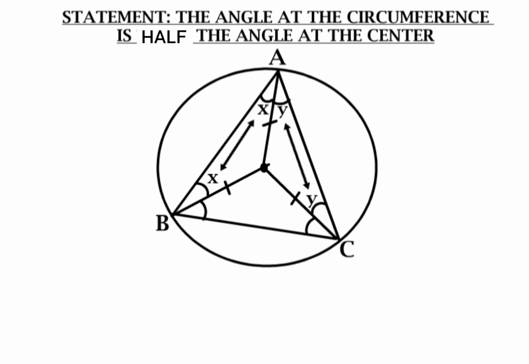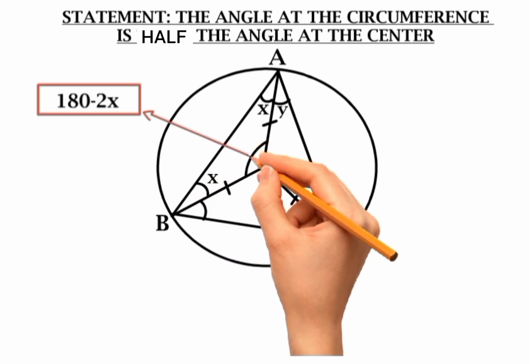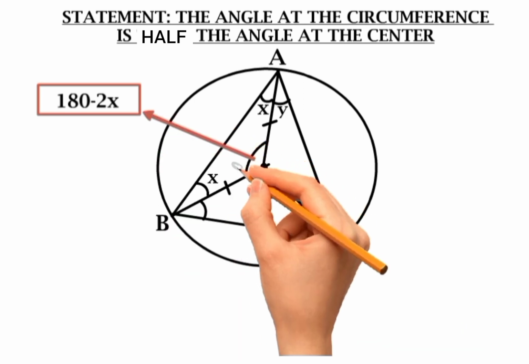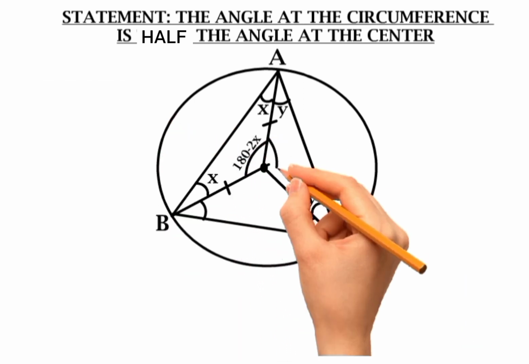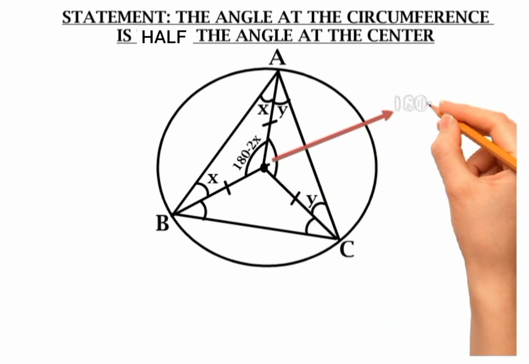From here, we can easily calculate the third angle in each of the triangles. For the first, we have 180 minus 2x. Also for the second, we have 180 minus 2y.